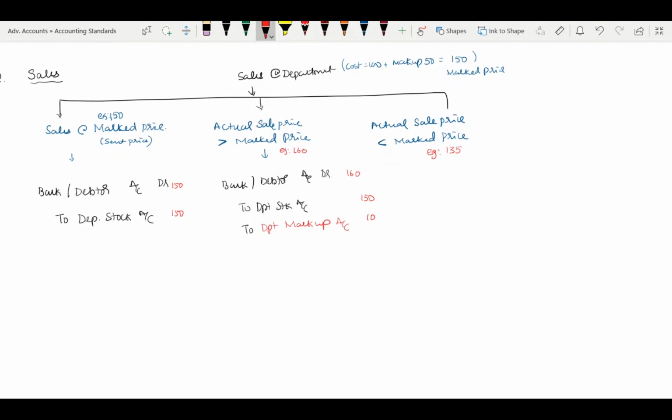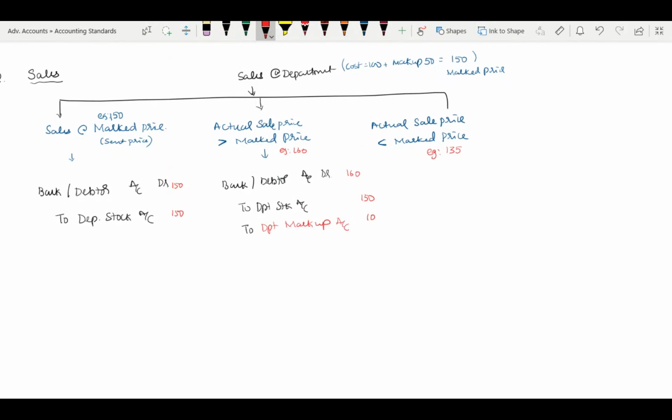So that means the 15 rupees margin I expected was reduced. In my book, I thought if I sell these goods at 150, I will earn 50 rupees as a profit. So I already recognized the income in my markup account as 50 rupees as my loading. Correct? But actually the sale price is 135. Therefore, actually I made a profit of only 35 rupees, not 50.